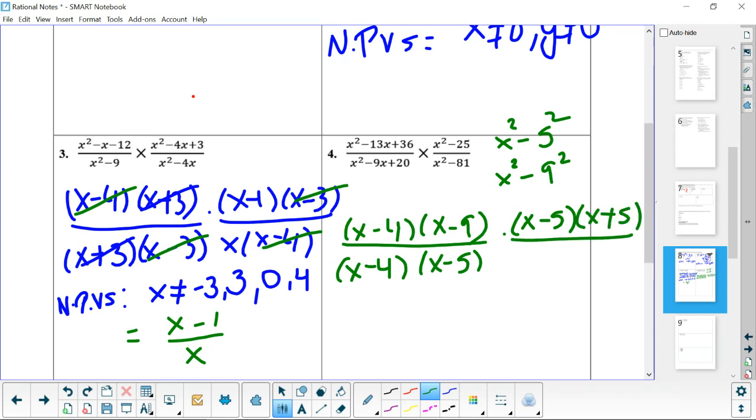And again, x squared minus 81 can be written as x minus 9 and x plus 9. So before canceling out our common factors, let's determine our non-permissible values here.